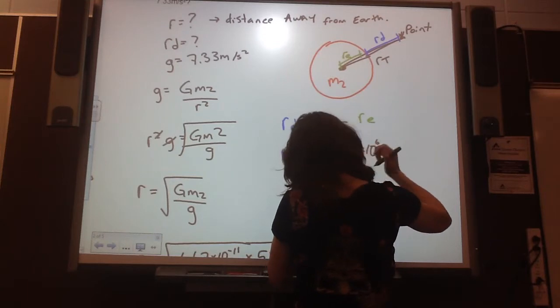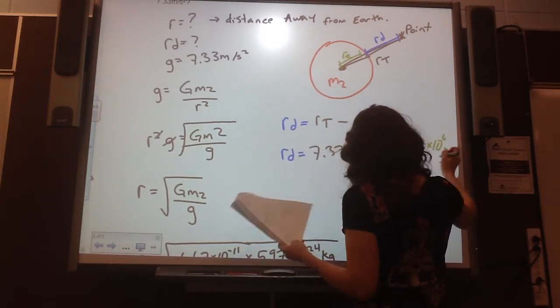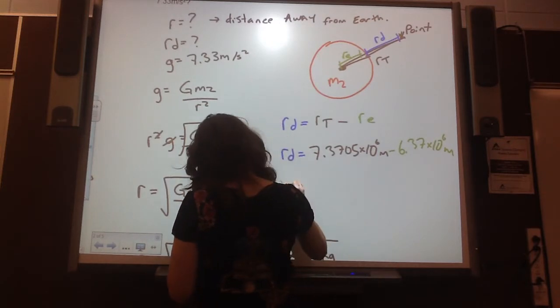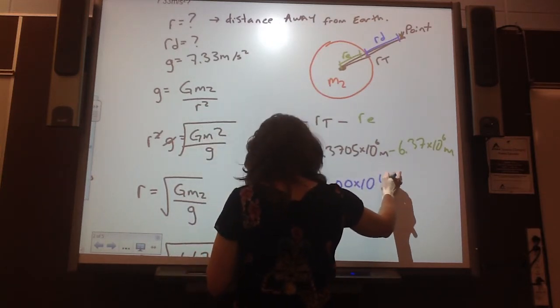So the radius of Earth is 6.37 times 10 to the 6 meters. So when you put this in, you should get 1.00 times 10 to the 6 meters.